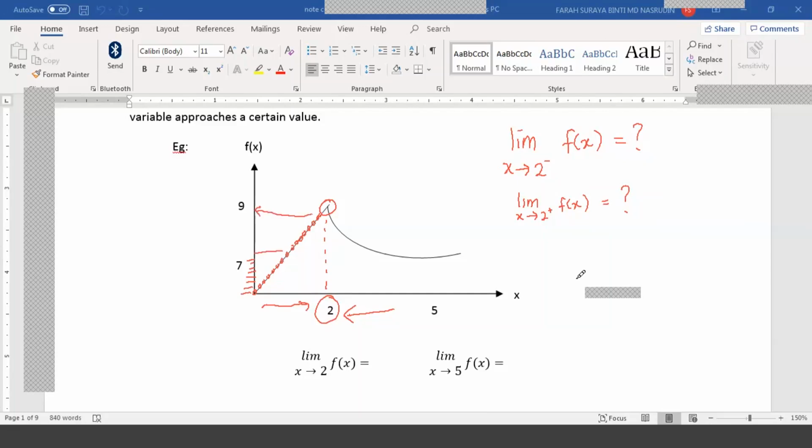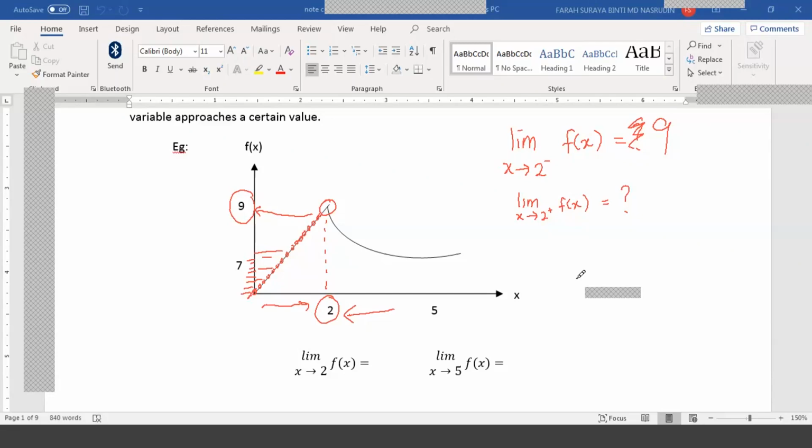Betul ada 9 kat sini. So, maksudnya semakin X menghampiri 2, function dia akan semakin menghampiri nombor 9. So, ini jawapan dia 9. Sebab tu jawapan kat sini 9.